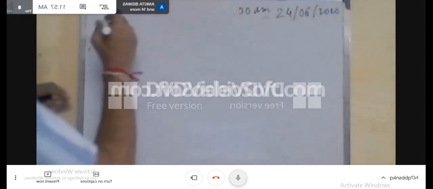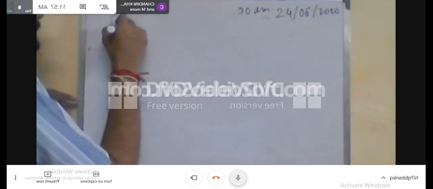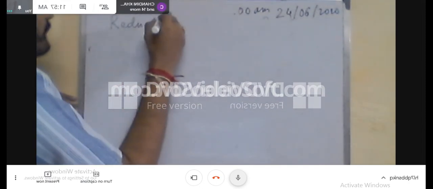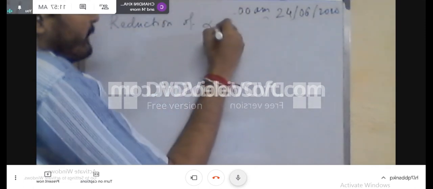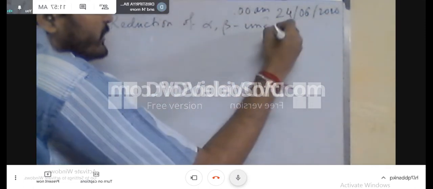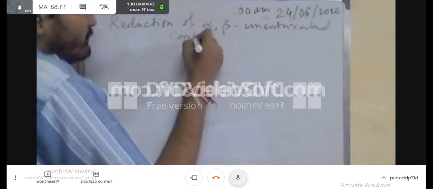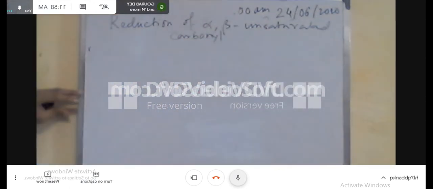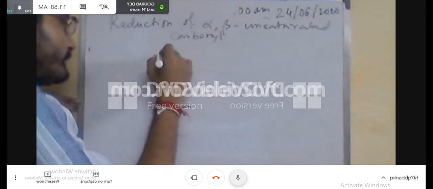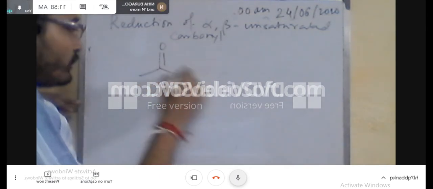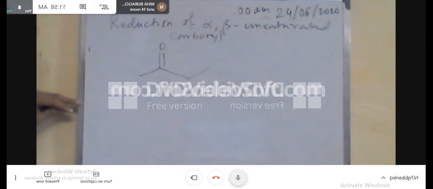But if you use only sodium borohydride in absence of the cerium chloride, it can be first converted to the double bond O, then simultaneously it will be converted to the OH. So no selective reduction is there, both the double bond as well as the carbon oxygen double bond is reduced.